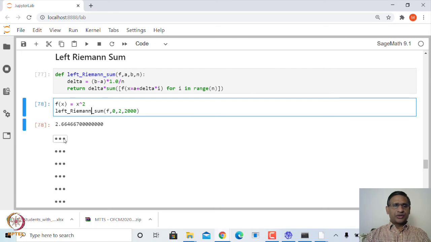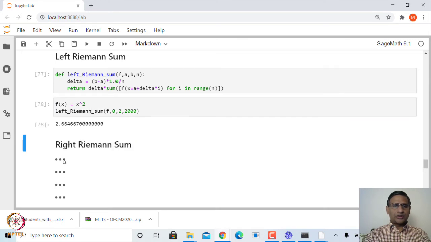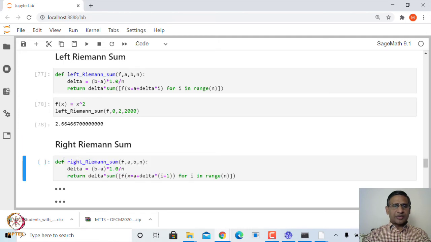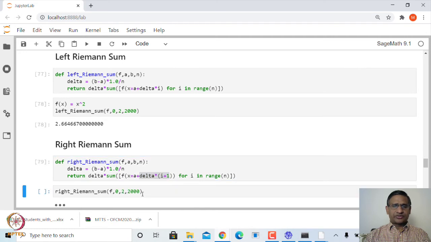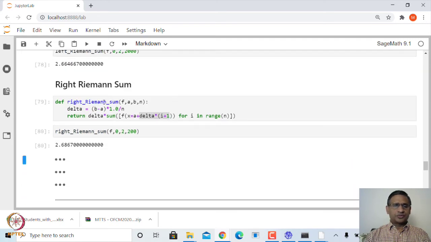Similarly, if you take the right Riemann sum, then you just need to define this as x plus delta into i plus 1, and again you can call this, let us say instead of 2000, let me just have 200 points. Yes, so this is also very close to this.